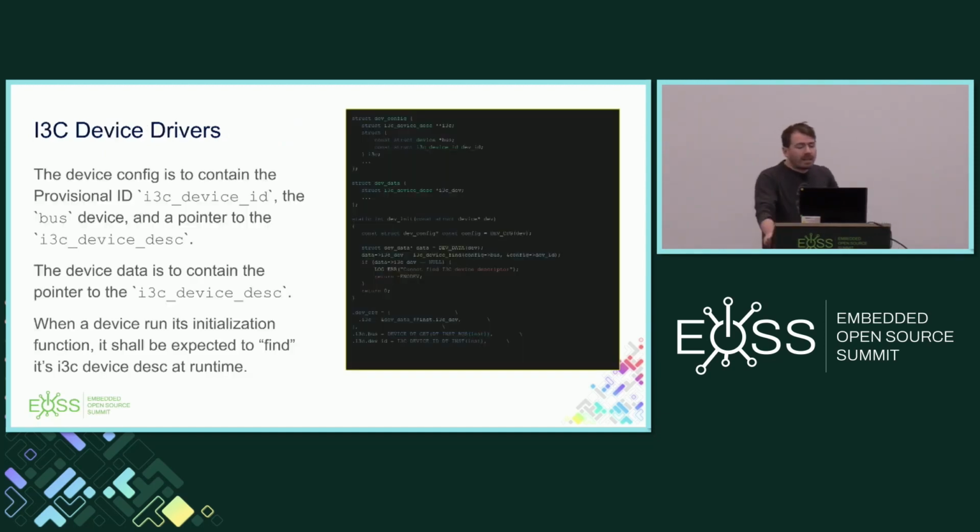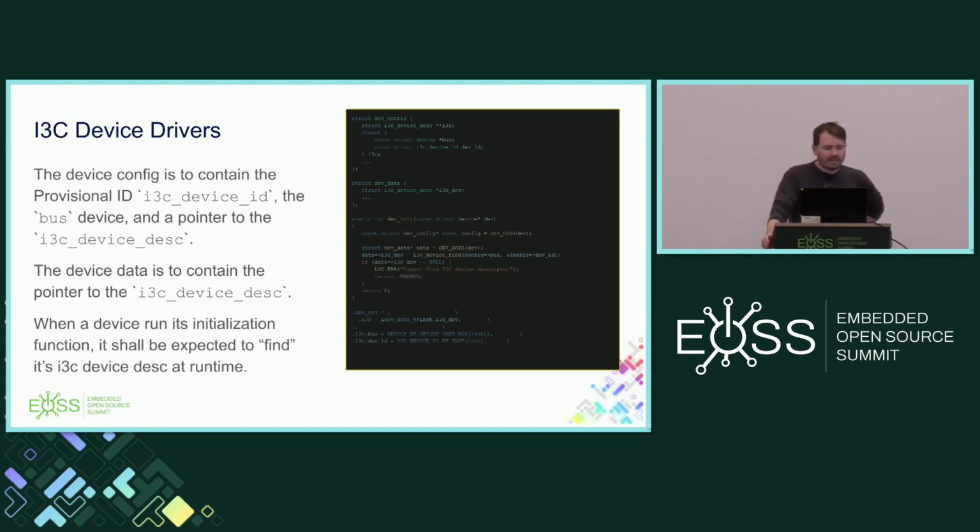So for I3C device drivers, the config is to contain its provisional ID, which is read with the I3C specific device tree macros, and also contain the bus and the pointer to its own device descriptor, because you want to read it once, and then use that for doing the I3C transfers.